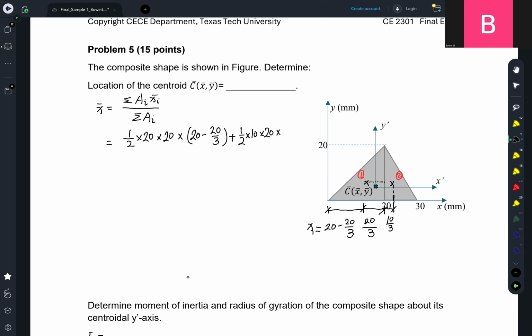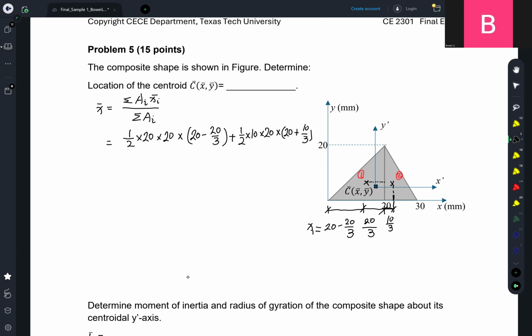And then its x coordinate equals this distance plus the location of the head, which is actually at 20 here. So the central x coordinate of my second part is actually 20 plus 10/3.